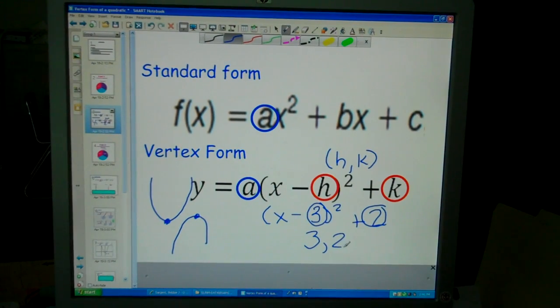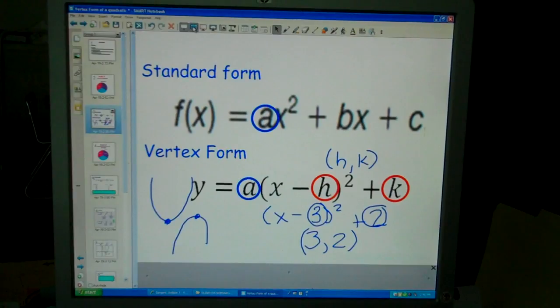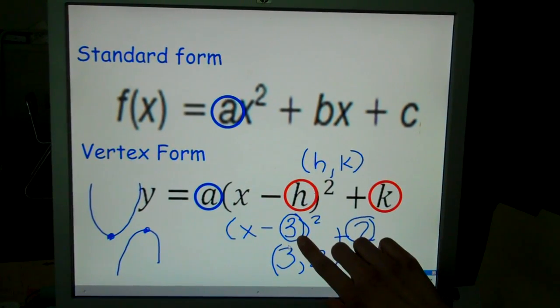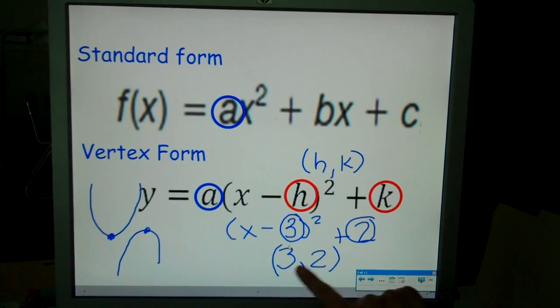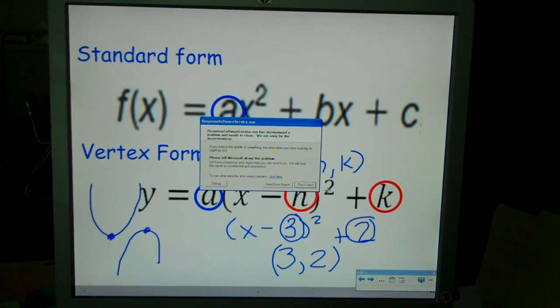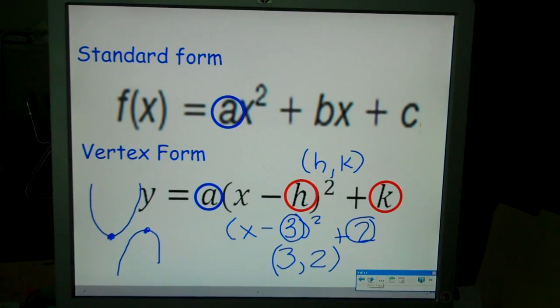K was 2. So for that simple example that I made up, the minimum or maximum of this parabola would be 3, comma 2. So that makes it pretty nice if you can identify what you're dealing with.